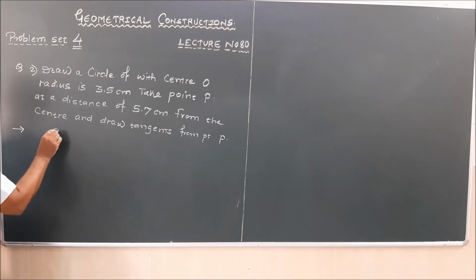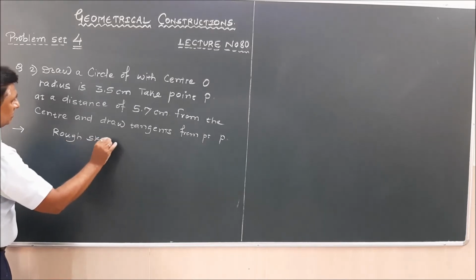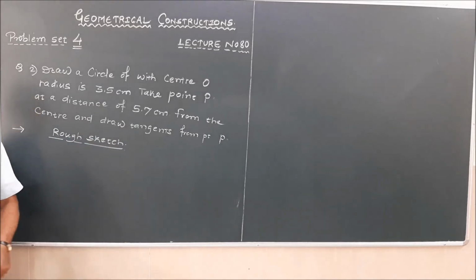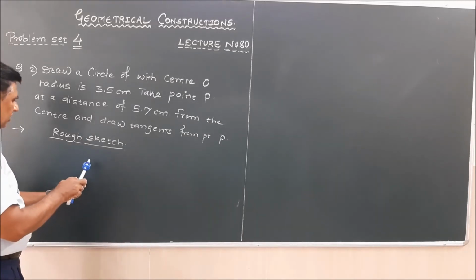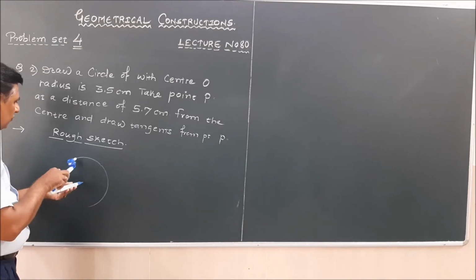First thing, this is a 4-mark question, so draw a rough sketch. Draw a circle. The radius of the circle is how much? 3.5. Supposing I draw a circle of radius 3.5.